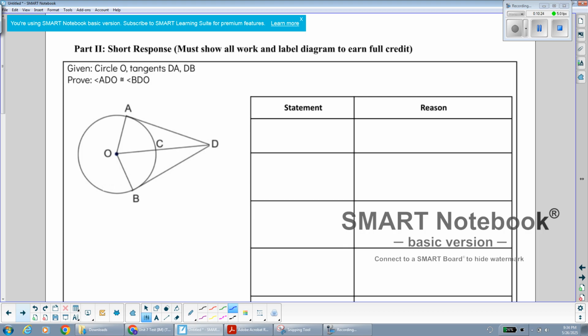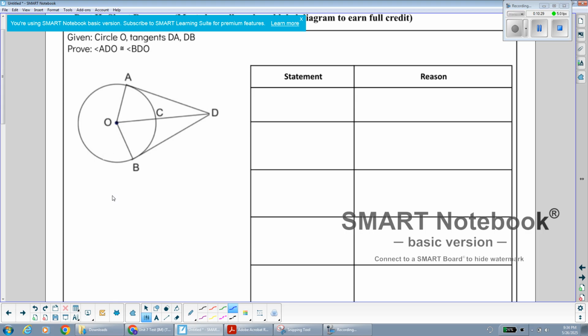Okay, for this one over here, there were multiple ways that you could have done this one. I'm just going to show it one way. So we have tangents to the circle DA and DB, and I see that tangents from the same outside point to the same circle are congruent. I also see the reflexive property over here, and I noticed that when a radius and a tangent meet, they make right angles, so I have right triangles, and that's HL.